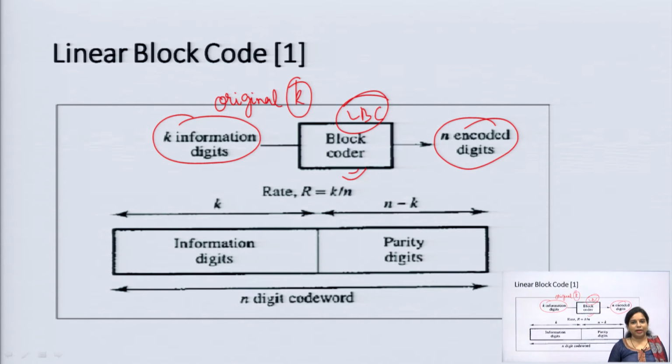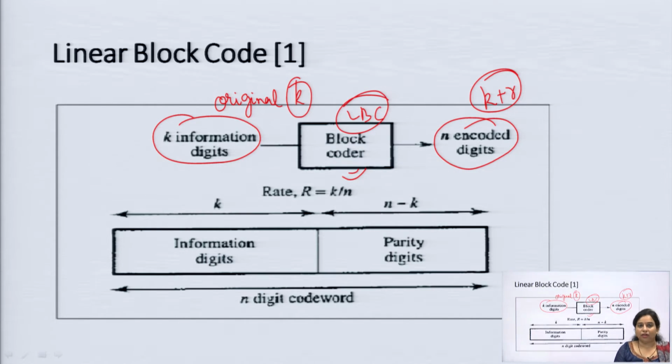Now, this is not k, this is k plus r. You have added parity bits at the block coder, so that it can be checked at the receiver side.